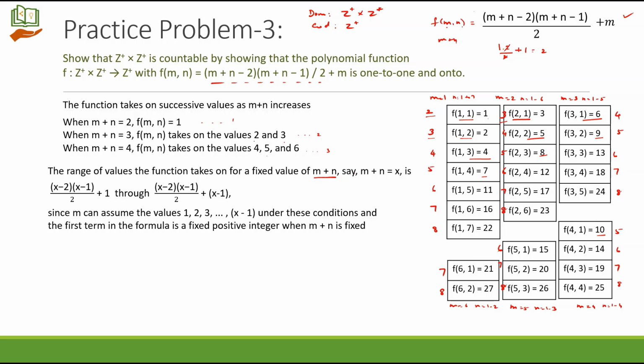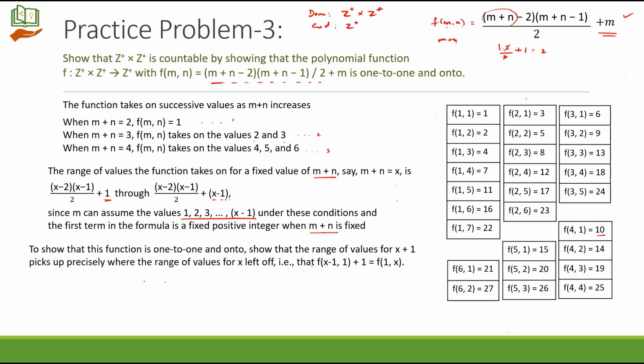What is this x minus 2 and x minus 1? Instead of m plus n, it is substituted by x. So you will have x minus 2 into x minus 1 divided by 2, till x minus 2 into x minus 1 divided by 2 plus x minus 1, since m can assume the values 1, 2, 3 up to x minus 1 under these conditions, and the first term in the formula is a fixed positive integer when m plus n is fixed.